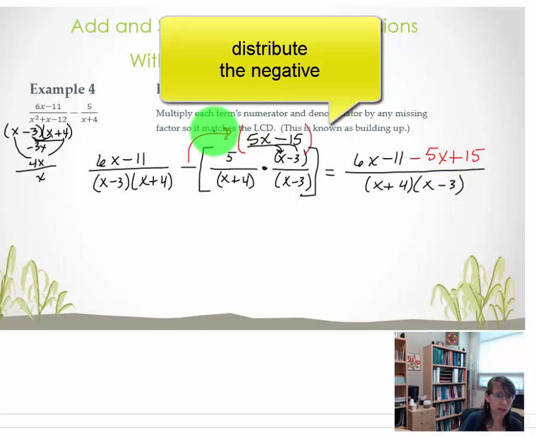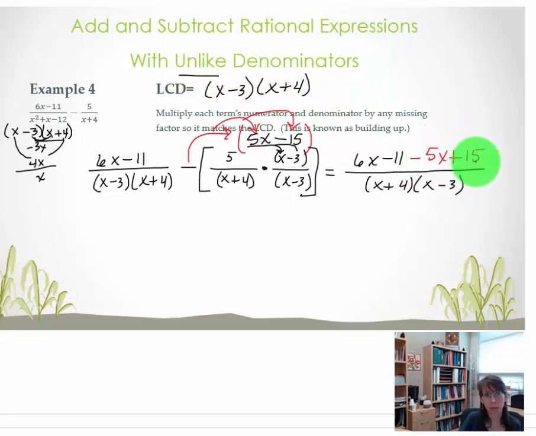So do you see what I've done here? Negative times 5x is minus 5x, and negative times negative makes plus 15. Again, that's where most people make the mistake in this problem. So don't be one of those people. Be careful here. Now, 6x minus 5x, that's going to leave x. Negative 11 plus 15, that's plus 4.